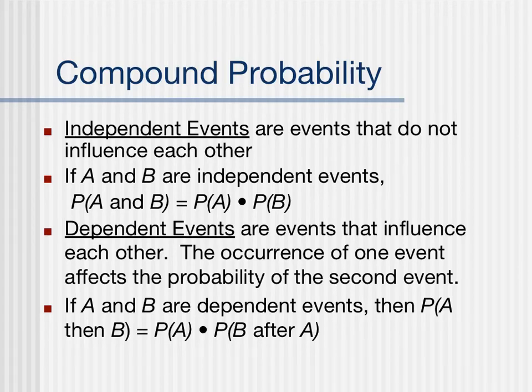Now, dependent events tells us that the first event kind of influences what happens in the second event. So let's say I have 6 colored pencils and 3 of them are green and the other ones are random colors.